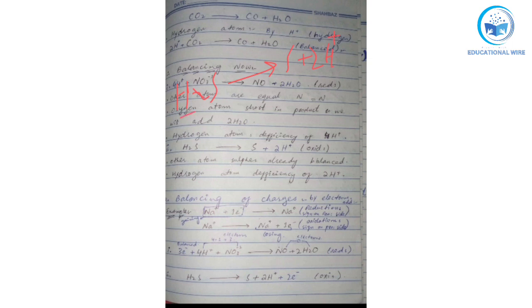Now on the reactant side we have 2 electrons over here and we have 0 electron over here. Now we will add 2 electrons on this product side, because I told you that on the oxidation side we have the electrons on the product side. So I will add 2 electrons over here. These are 2 negative electrons and 2 positive, both will cancel out and here will be 0. It means 0 electron on both sides.